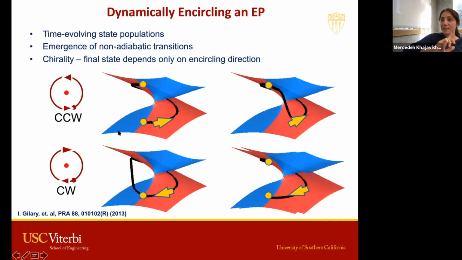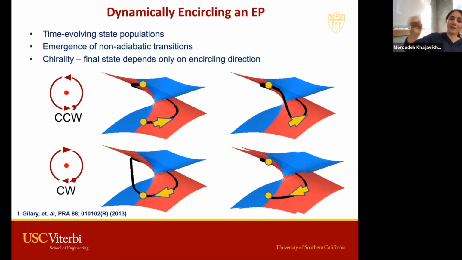Now, if you do this dynamically, there is another complexity introduced in the system, in the sense that it becomes important whether you are encircling the exceptional point in the clockwise or counterclockwise direction. For example, if you go in the clockwise direction, you always end up at one eigenvector.